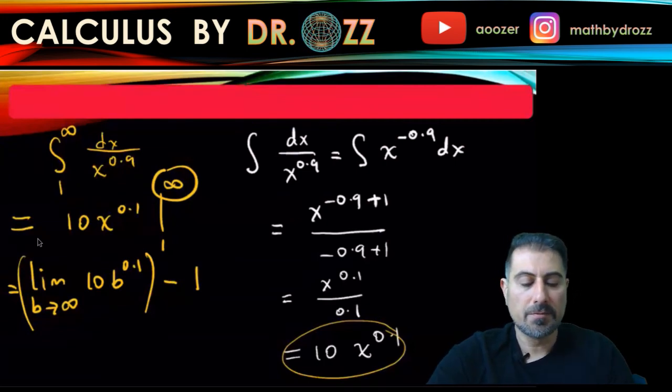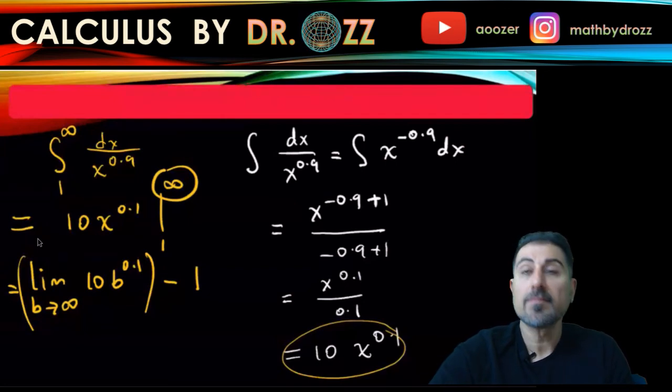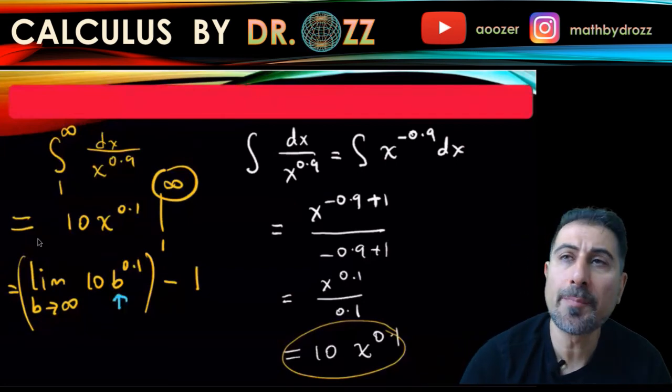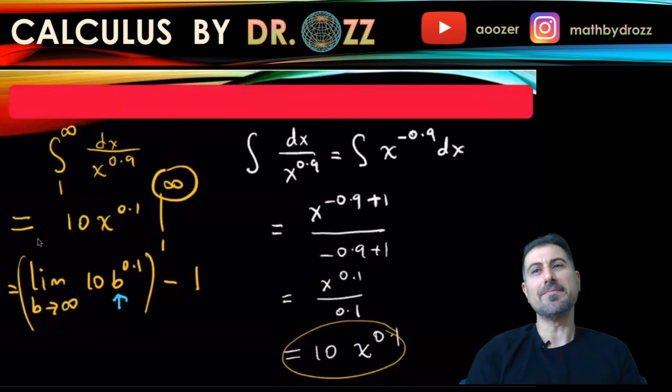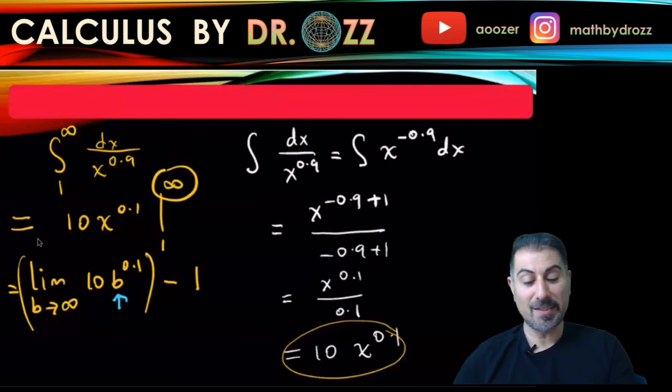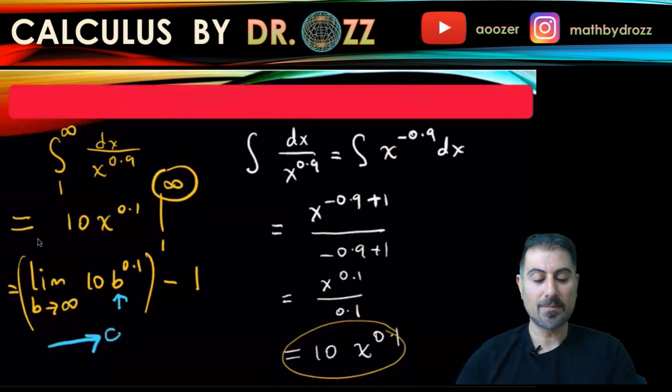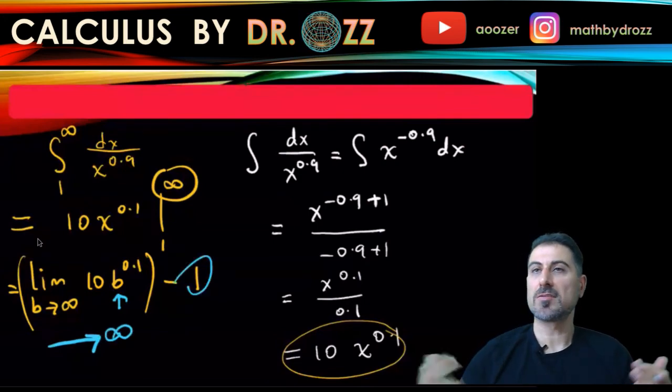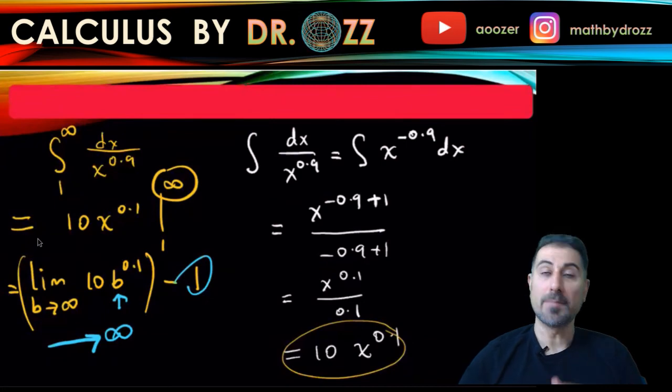So here we go. We have to pass the limit. So b approaches infinity. So you're talking about a positive power of infinity. Well, unfortunately, this is going to be infinity. And this is just a constant 1. Infinity minus 1 is still a big number. A big number minus a finite number is a big number, right? So this is diverging to infinity.